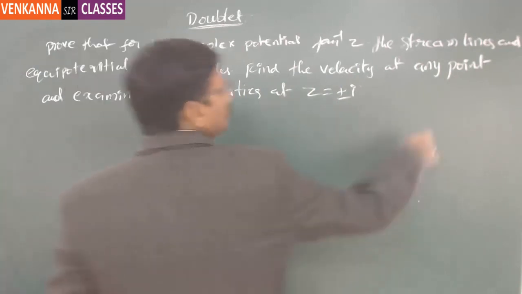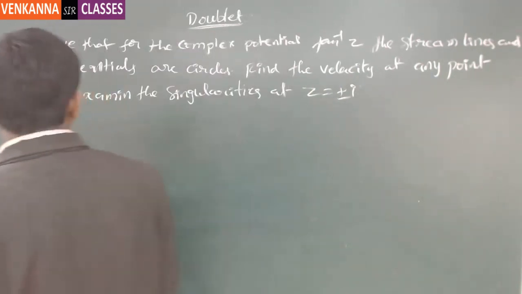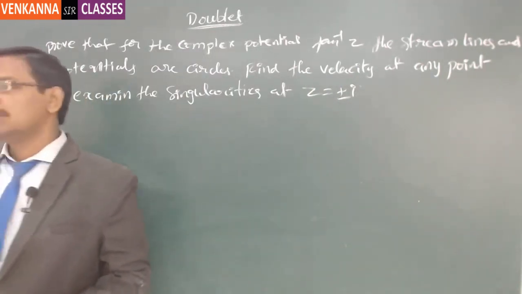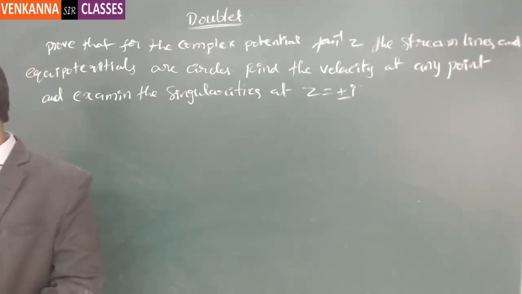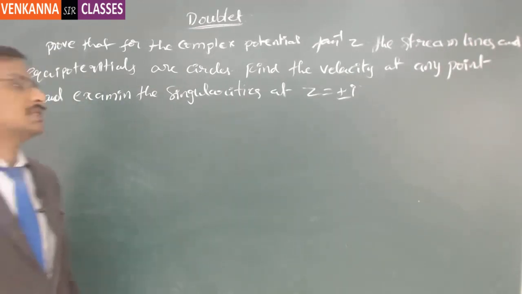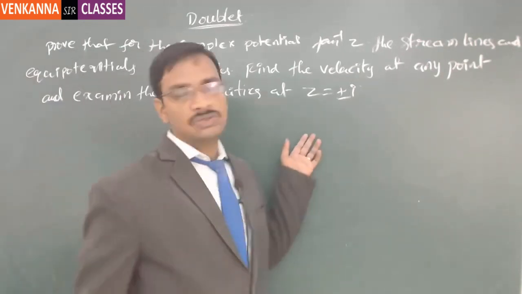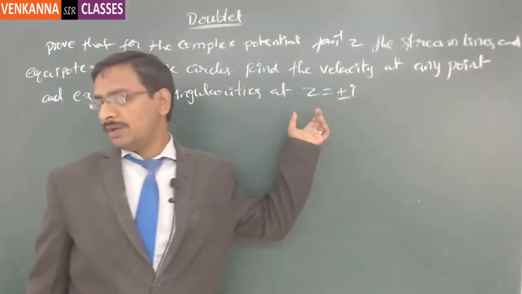So I think you don't touch this examine the singularities part, because that is what we are going to deal with in the case of vortex flow. Wherein a vortex is modeled as a sink. Such kind of cases we'll be analyzing.